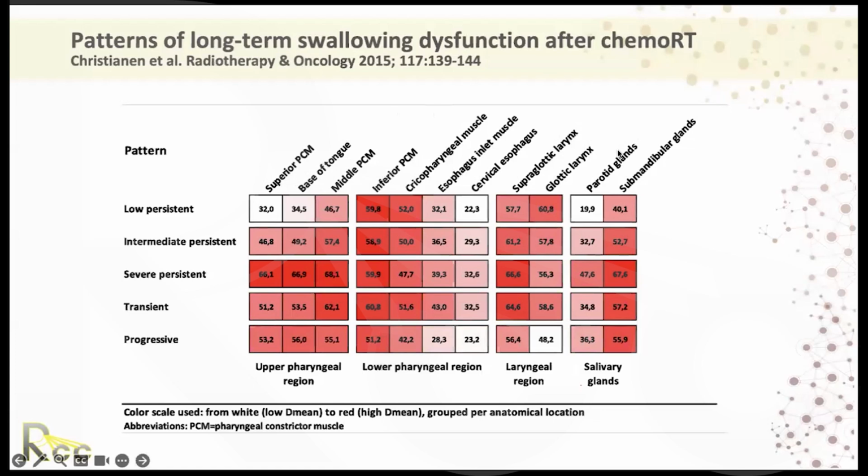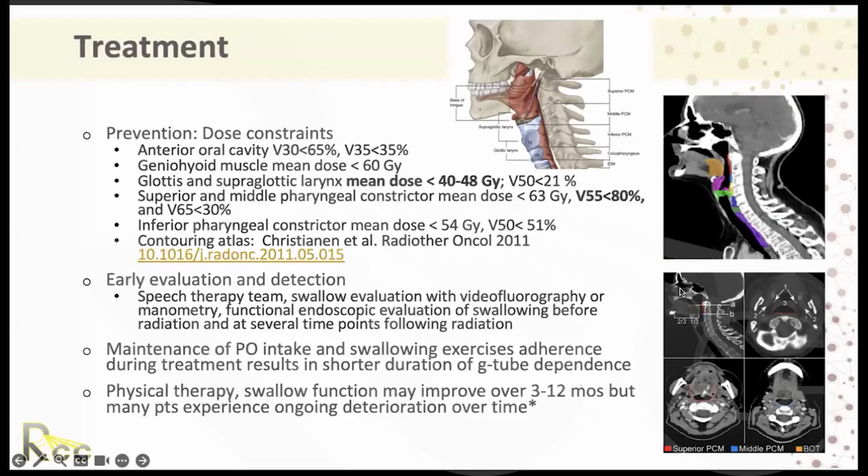So dysphagia is not just a function of dose to one organ. It's really multifactorial, as you're irradiating the pharyngeal axis in these patients. What I want you to take away is that with severe persistent dysphagia, look at the heat map: it's where patients are getting high doses to virtually every organ. Those are the patients most at risk.